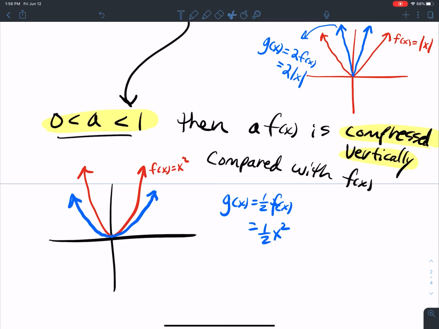We're literally taking our graph here and we're compressing it vertically. Okay, so I can't really compress it with that operation, but you see what I'm saying. It pushes it down. Okay, so it's pushing it down. All right, so that kind of summarizes all the transformations.